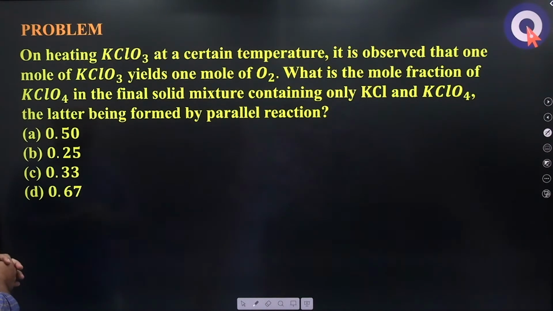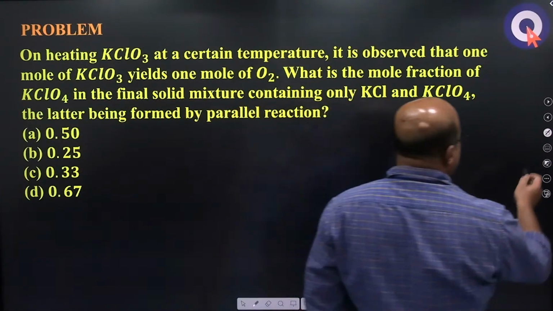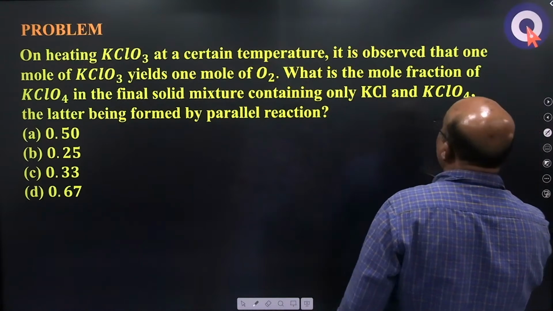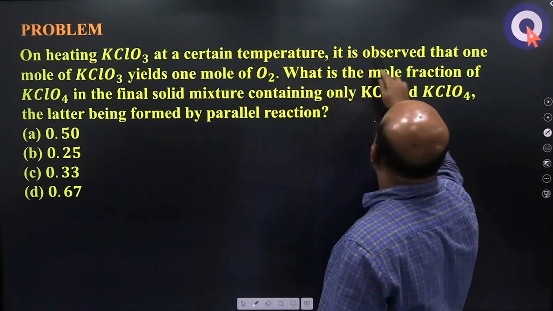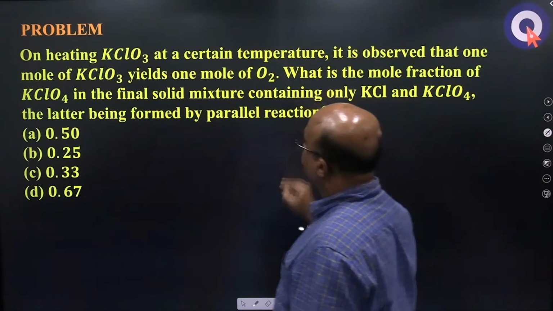What is the mole fraction of KClO4 in the final solid mixture containing only KCl and KClO4, the latter being formed by parallel reaction? So on heating KClO3 at a certain temperature, it is observed that 1 mole of KClO3 is giving 1 mole of O2.